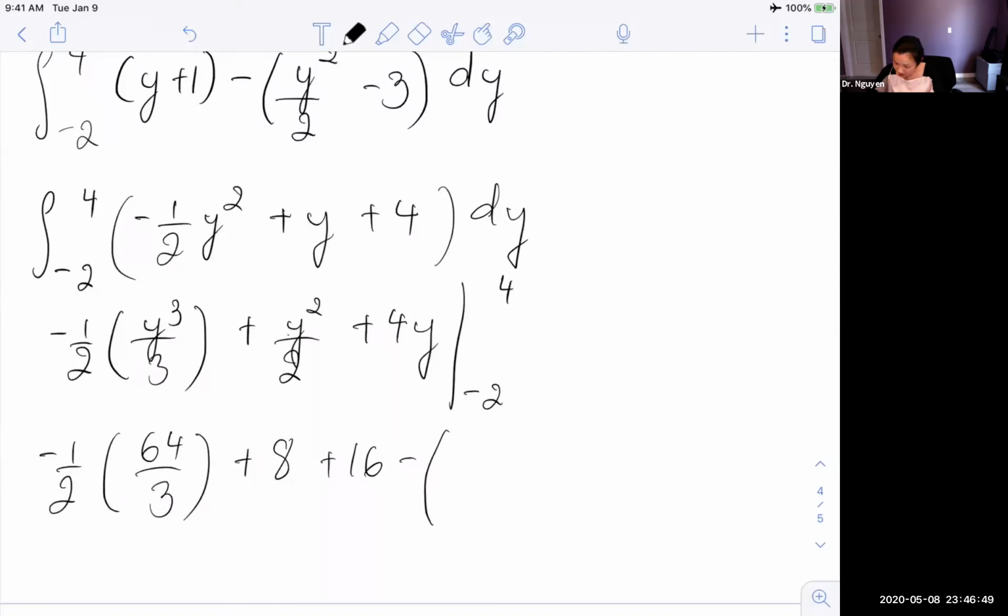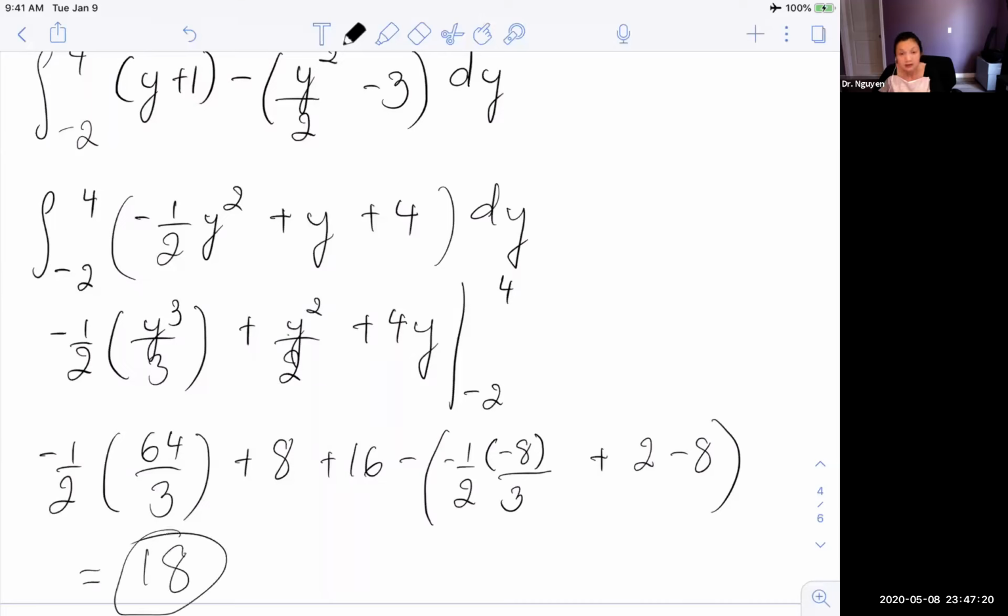So I have -1/2, and I have -2, so that's -8 over 3, plus 4 divided by 2, that's 2, minus 8. All right. So we calculate everything, we end up with 18.